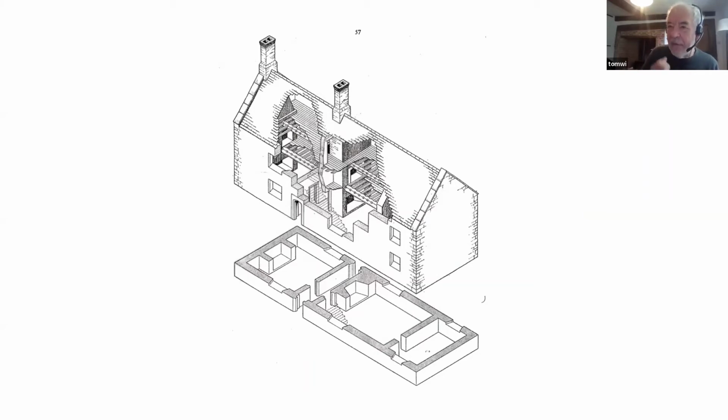Characteristic of northern areas, smaller farms, the hall is still kind of the hall, and so the main fireplace is there, and without disturbing the basic traditional hierarchical social space of the hall.